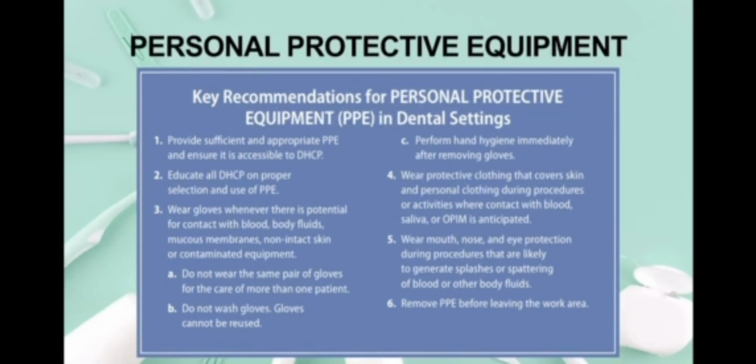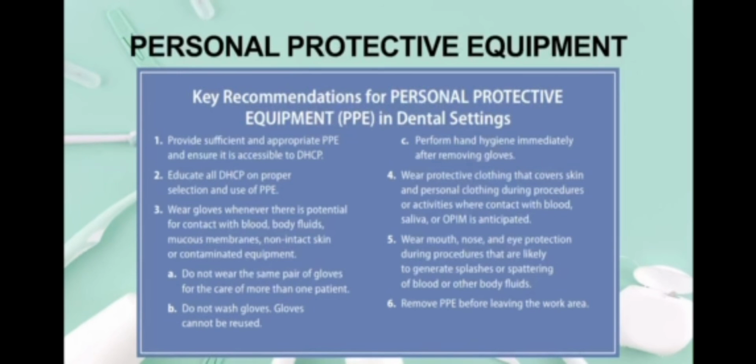Key recommendations for personal protective equipment or PPE in dental settings. So personal protective equipment, or PPE, refers to wearable equipment that is designed to protect DHCP from exposure to or contact with infectious agents.